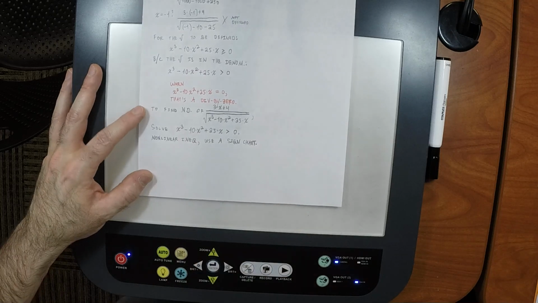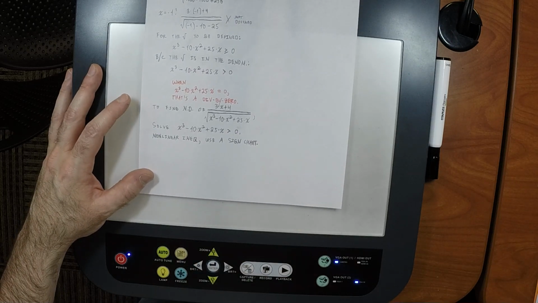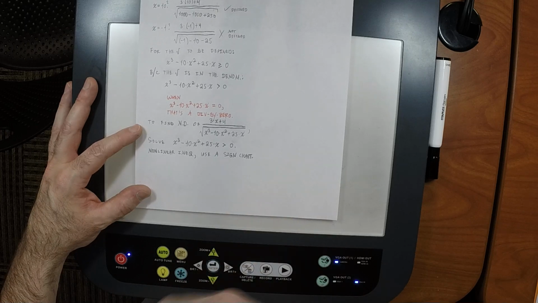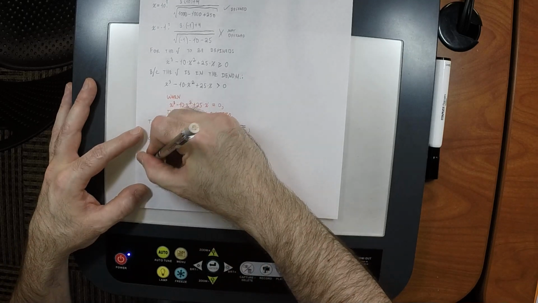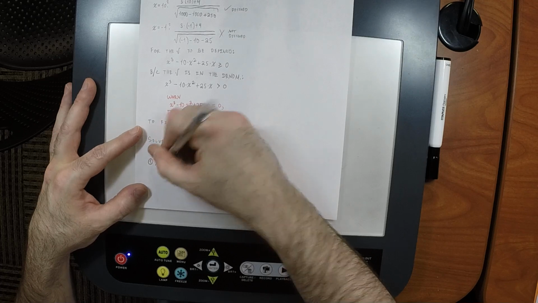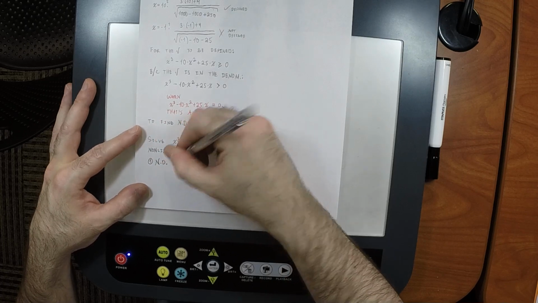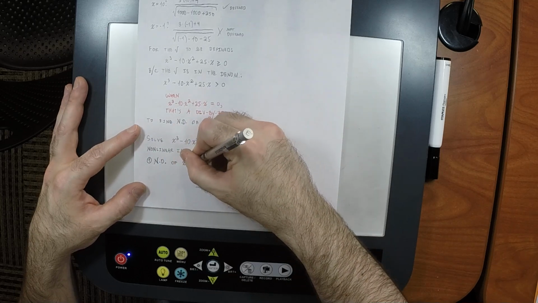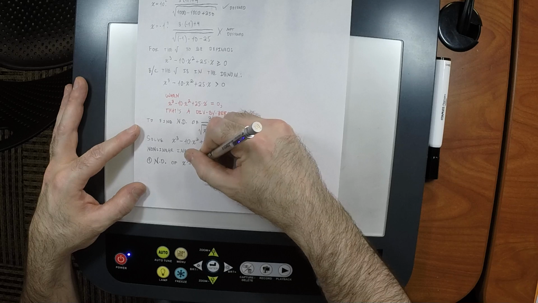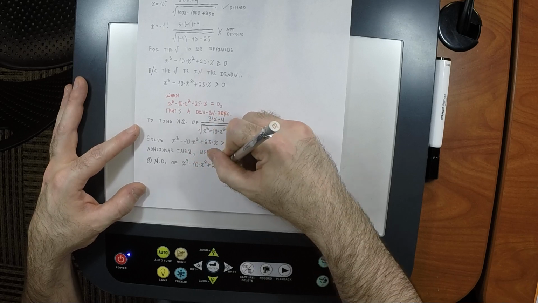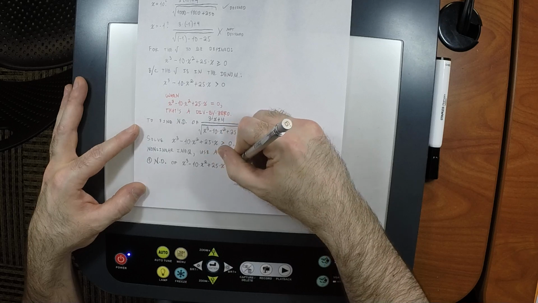Remember, the sign chart method proceeds in steps. The first step is that we need to find the natural domain of that inequality, x cubed minus 10 x squared plus 25 x greater than 0.